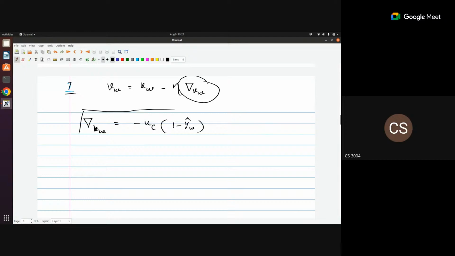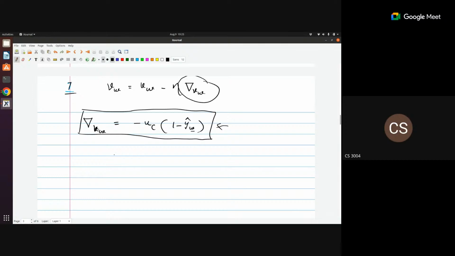This derivation I am just taking from the slides. If you want, you can see the derivation is very straightforward. What is UC? UC is the vector representation of the context C. YW hat is the probability value that we are getting for the word W in the output vector Y hat, right?